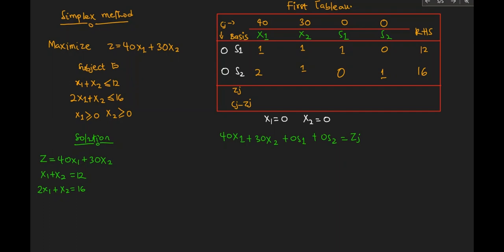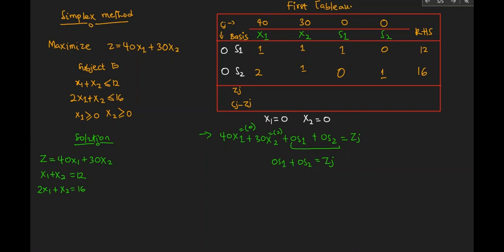We already know that for this table, x1 and then x2 are equal to 0, right? So wherever you see x1 and then x2 in this equation, you will put 0 there. So at the end, you're just going to have this part here, which is also 0 though. So you're going to have 0s1 plus 0s2 equal to zj.